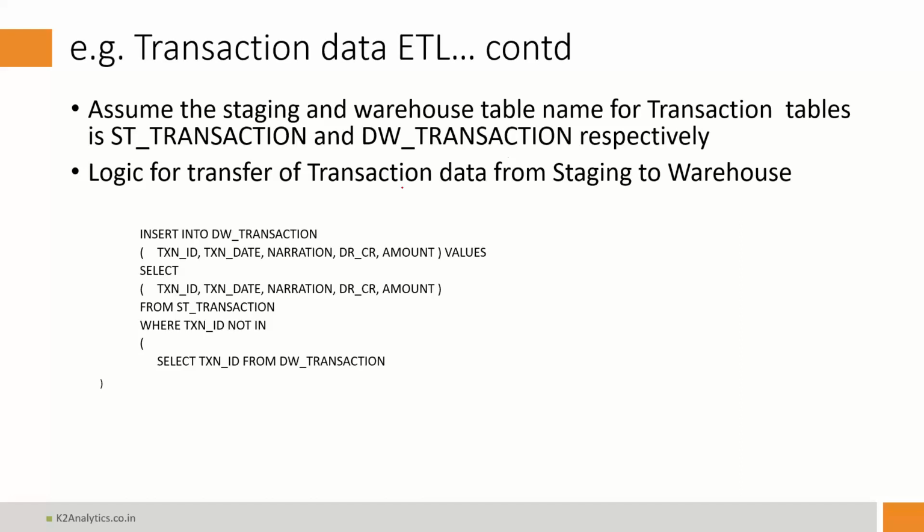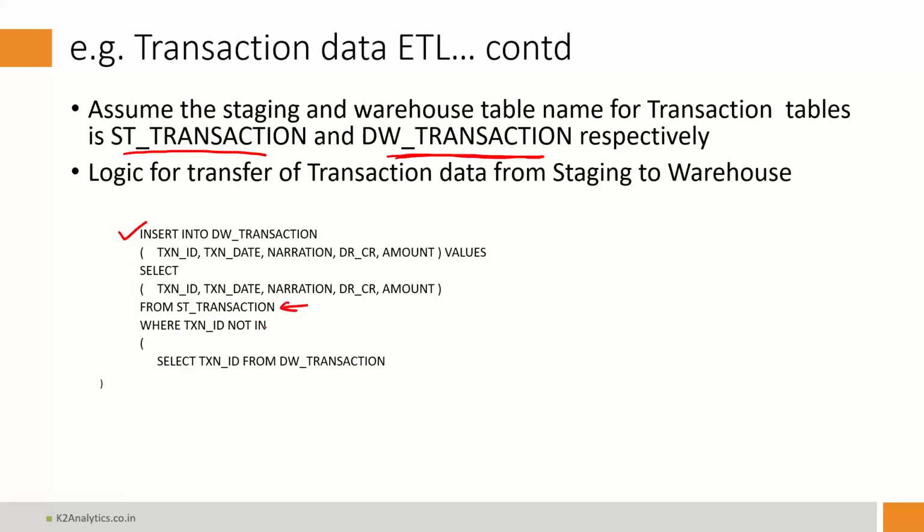So here I am giving the query. Assume the name of the staging transaction table is ST transaction, and the name of the data warehouse transaction table is DW transaction. So the SQL query would be: insert into the data warehouse table.